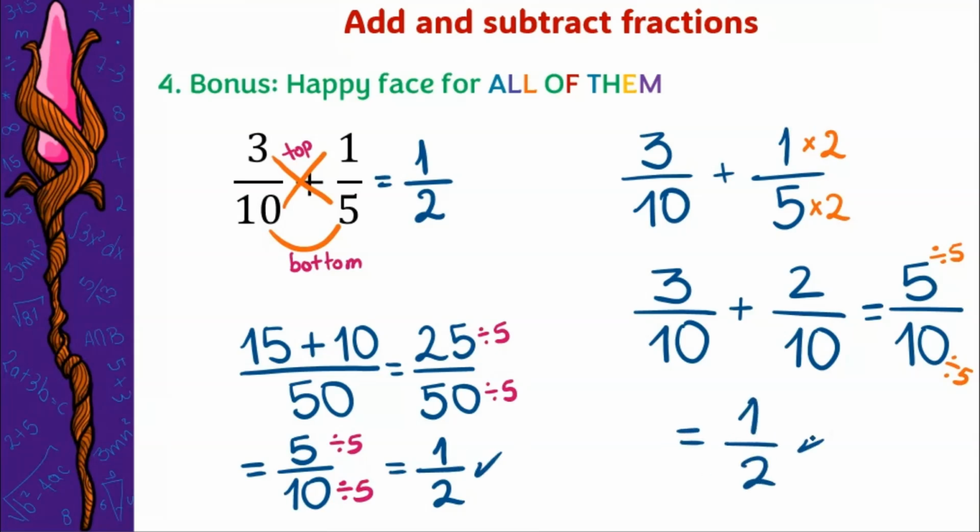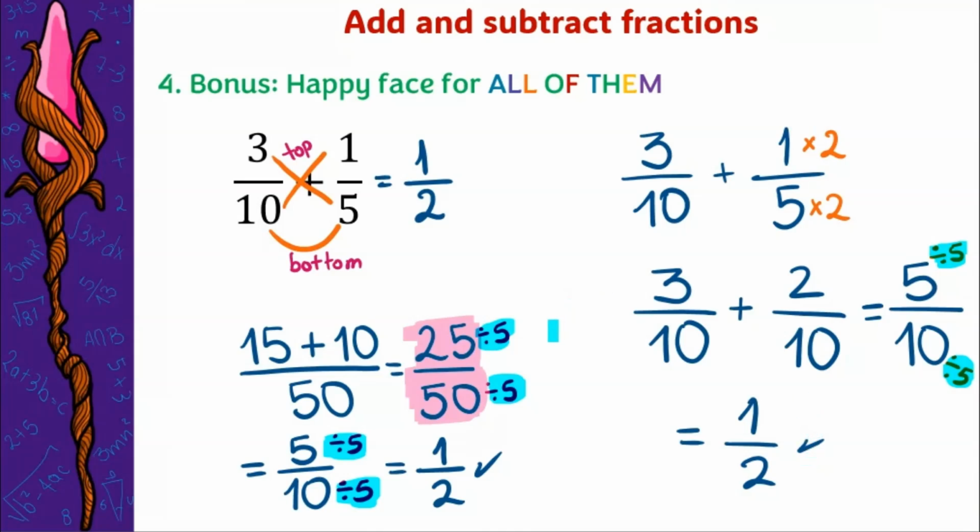Yes, same result. It's just that notice that using this method, we got very big numbers, and sometimes these numbers get really big, and then the simplification gets harder. In this case, we have to divide by 5 twice. In this one, we had to divide just once. That's the difference.